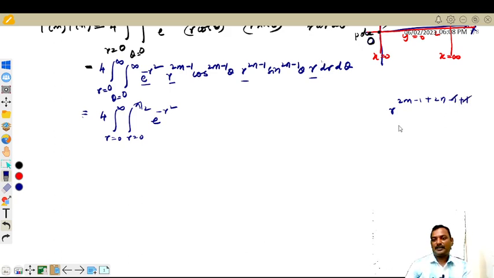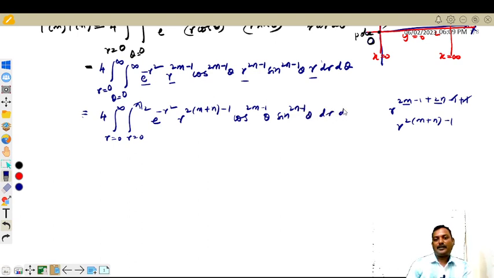Minus 1 plus 1 get cancelled. 2m and 2n, in these two 2 is common, you will get m plus n minus 1. So you can write r raised to 2 times (m plus n minus 1) into cos of 2m minus 1 theta into sine of 2n minus 1 theta, dr d theta.